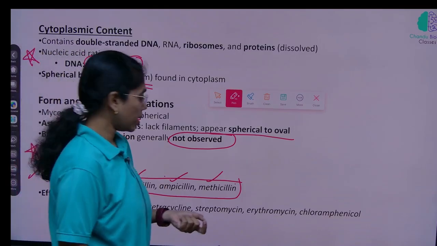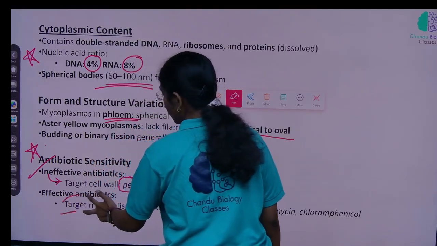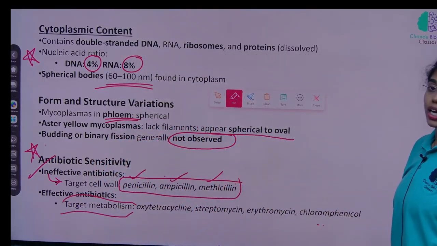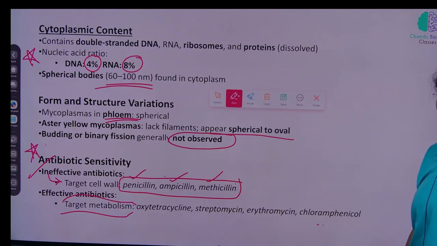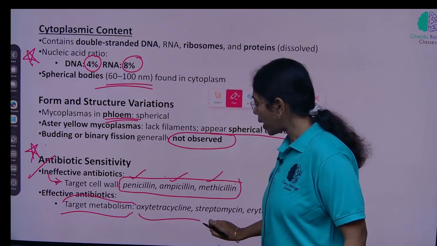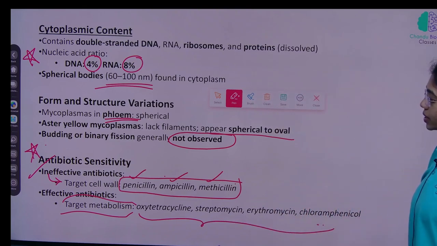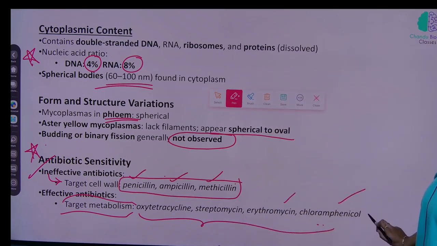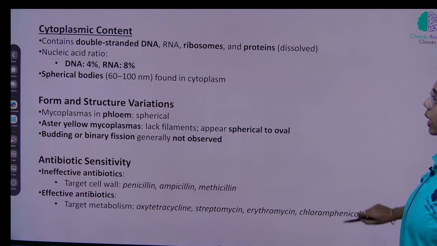Effective antibiotics target the metabolism of Mycoplasma and have a huge effect on its functioning. The effective antibiotics for Mycoplasma are oxytetracycline, streptomycin, erythromycin and chloramphenicol. Remember that.